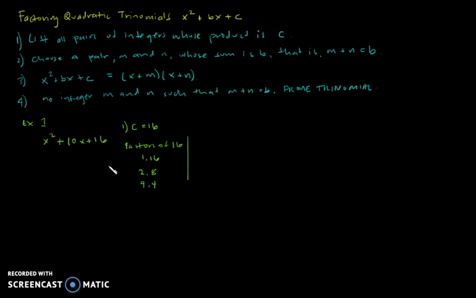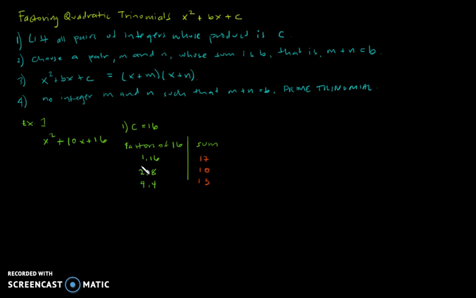These are the list of pairs whose product is c, or 16. Step number 2, choose a pair m and n whose sum is b. So let's get the sum. 1 plus 16 would be 17. 2 plus 8 would be 10. 4 plus 4 would be 8.